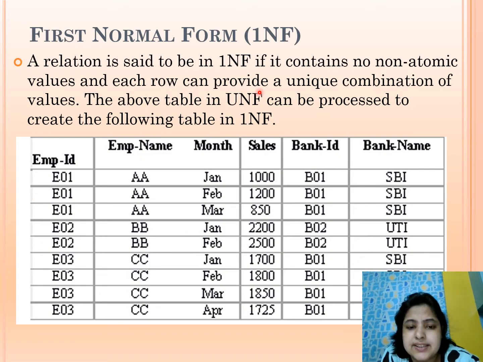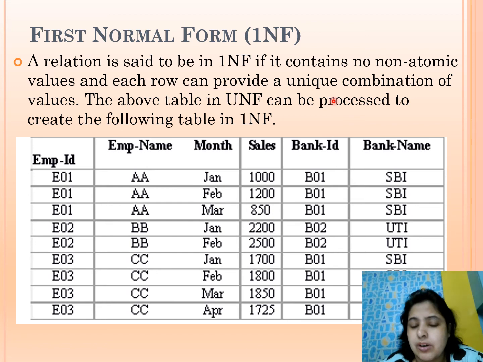A relation is said to be in first normal form if it contains only atomic values and each row can provide a unique combination of values. The above table in unnormalized form can be processed to create a normalized form. This is the first normal form.